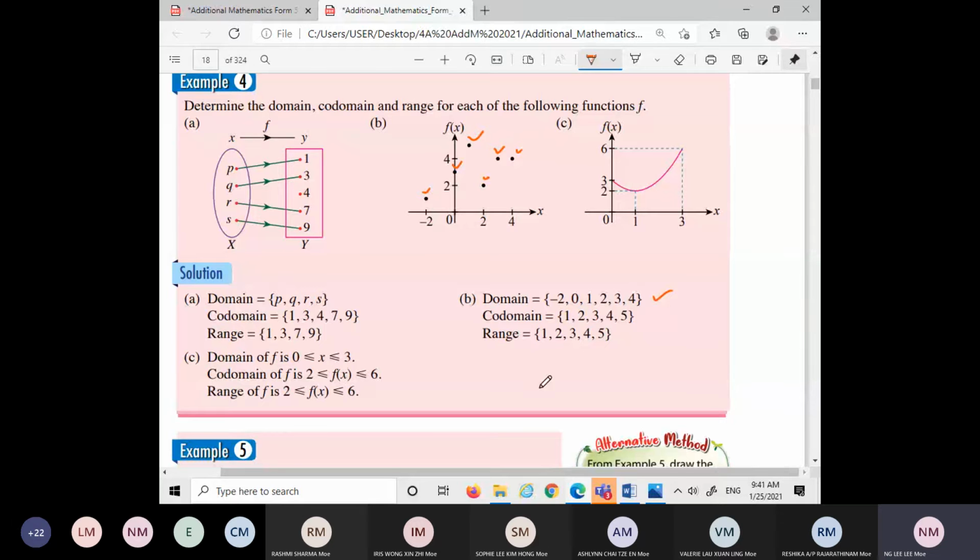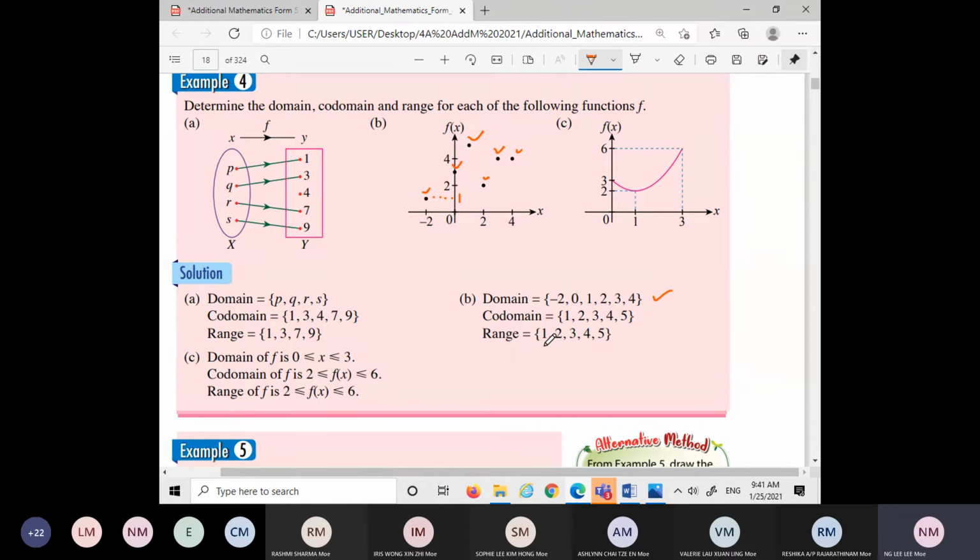And then for the codomain and the range, the codomain and the range will be the same. How do I read? When x is -2, you match, so this is 1.